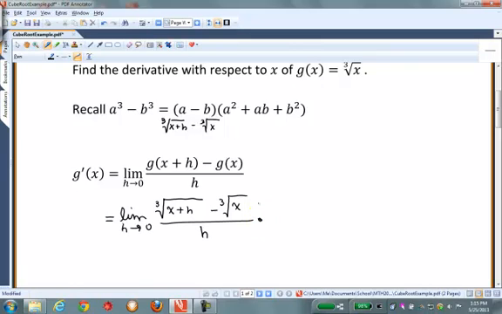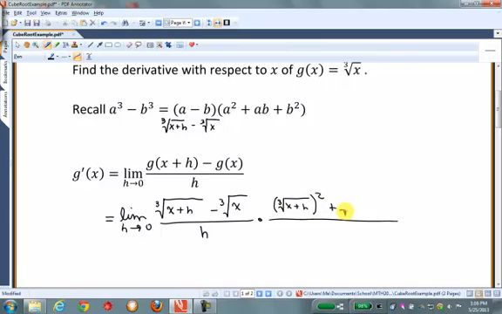So let's see, I'm going to have to multiply it by this other expression. Let's see, what will that be? Well, I have a squared. That's going to be the cube root of x plus h squared. All right, plus a times b.